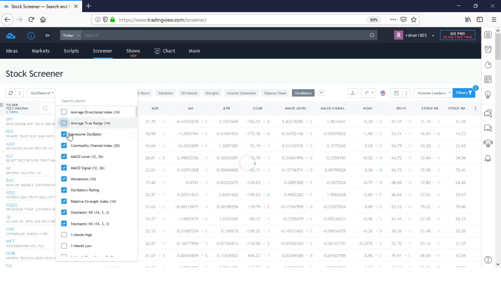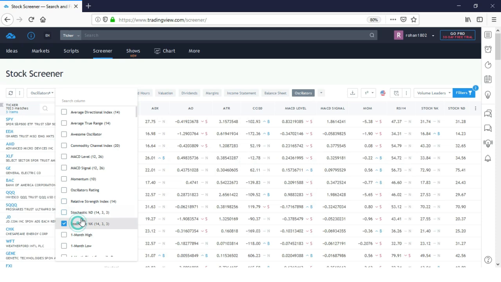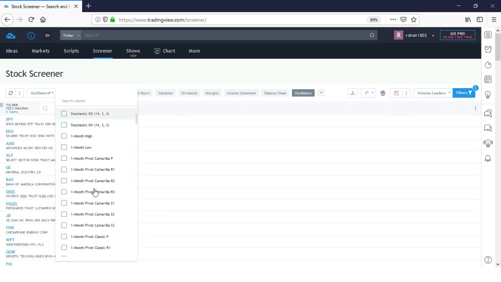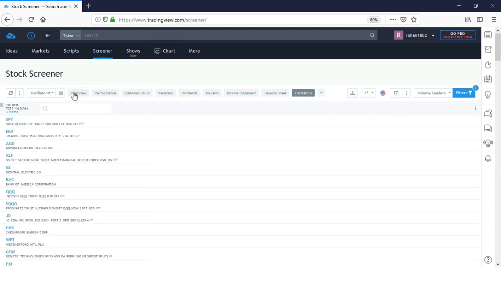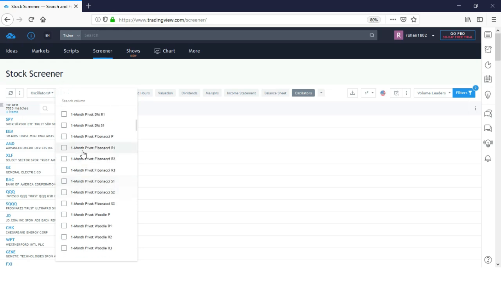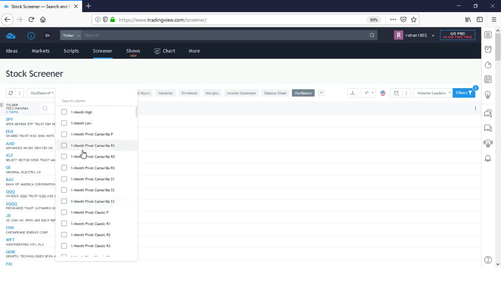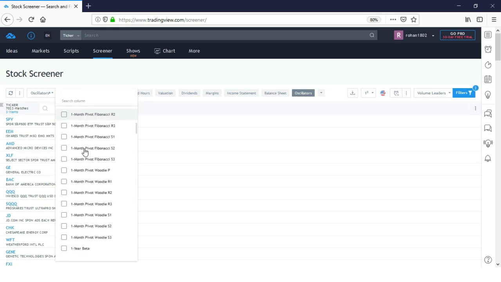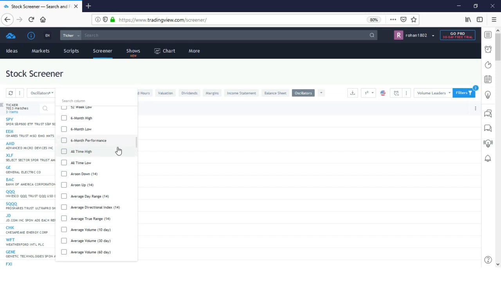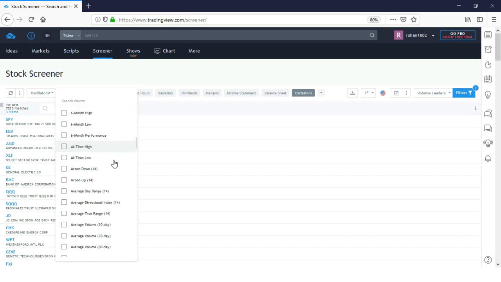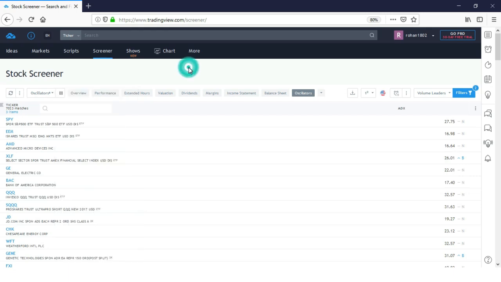Let's check. We hide all. Now it's absolutely blank. Now we select the first one, and the first one that we are discussing is ADX, Average Directional Index.